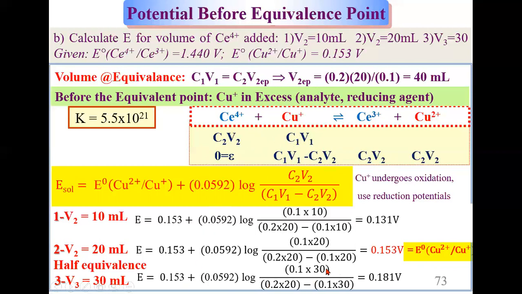Here, again, the only difference is the volume V2. Put it in, and just notice that the E's are increasing as I'm adding selenium. So if I'm putting up a graph, the graph starts off low and starts to increase.